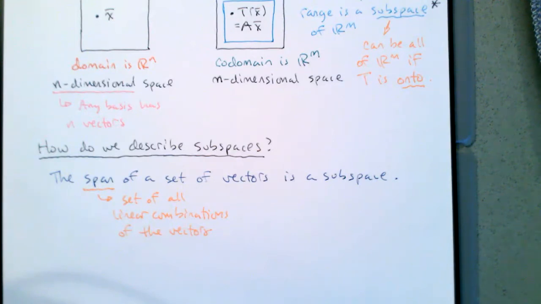The set of vectors could be what we call a spanning set. And what we want to do is whittle down our spanning set into a linearly independent spanning set.